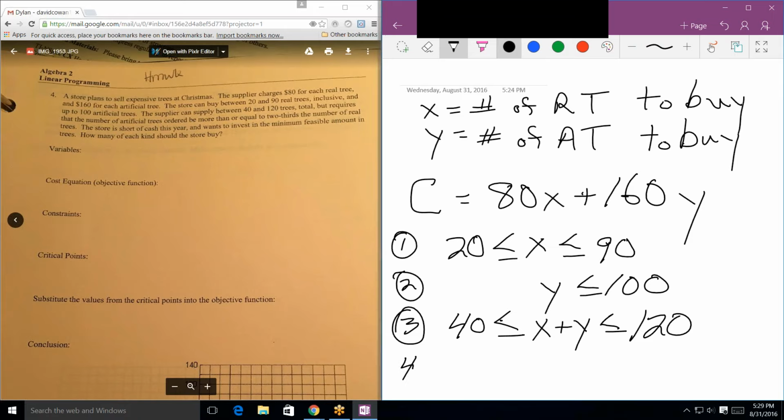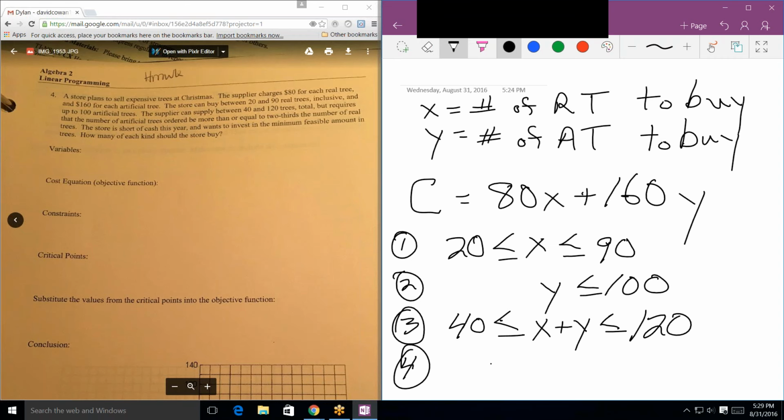Well, that's a constraint. How can I write that constraint? How do I write that artificial trees have to be more than or equal to 2/3 the number of real trees?